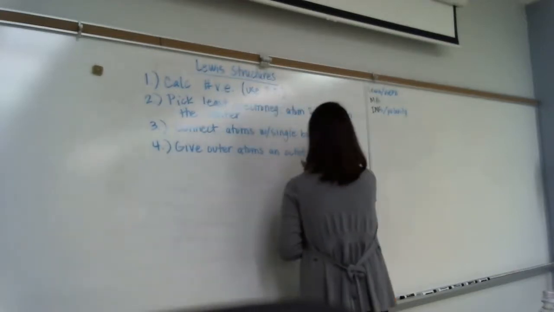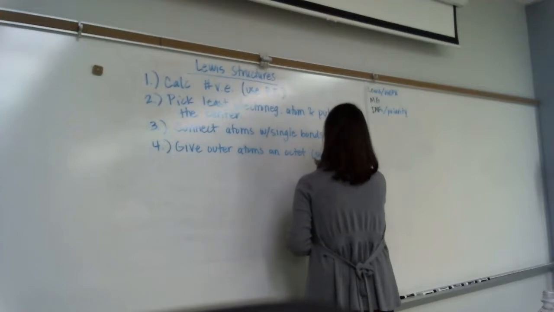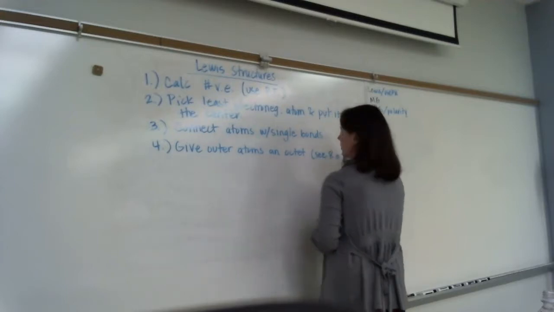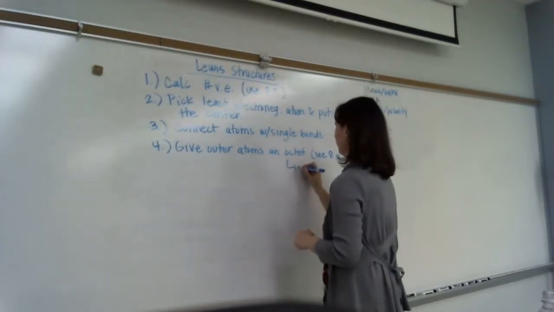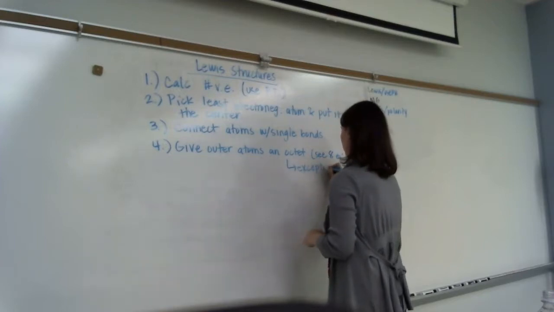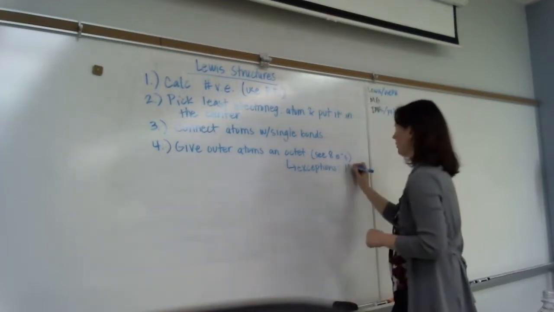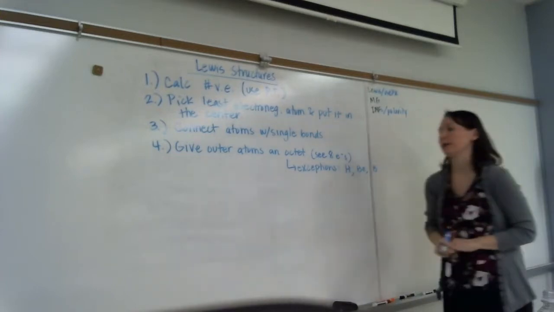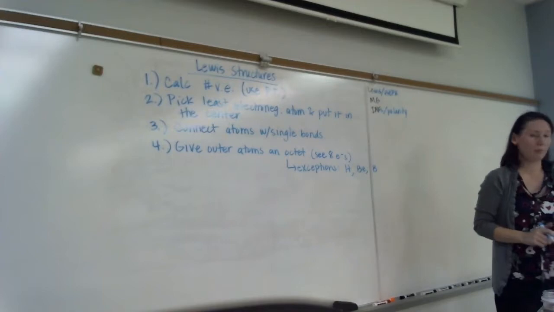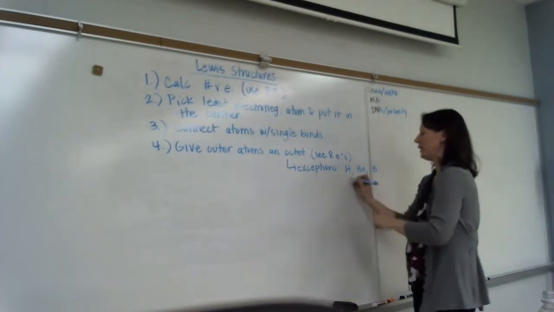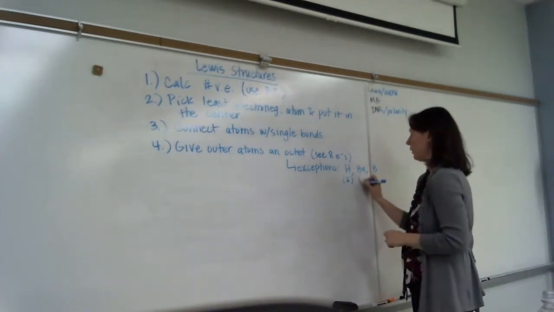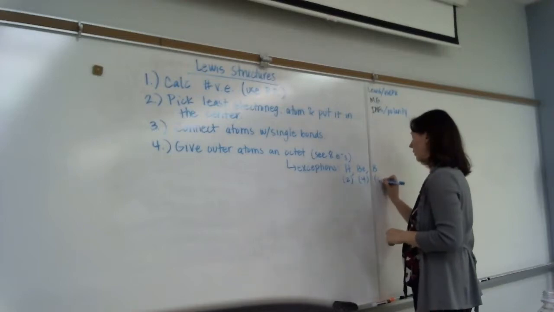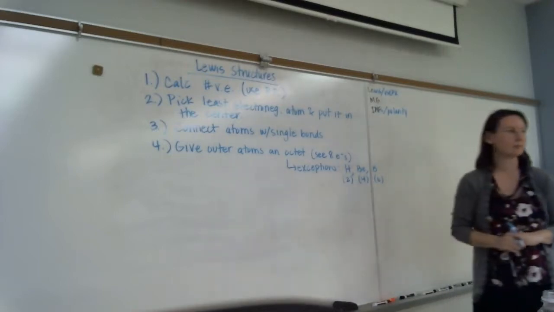So octet means they need to see 8 electrons. Now there are some exceptions. Hydrogen, beryllium, and boron are the 3 exceptions that you need to commit to memory. Hydrogen only needs 2 valence electrons, beryllium only needs 4, and boron only needs 6.